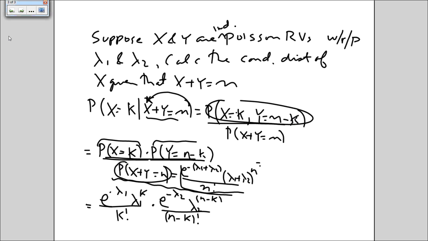But instead of dividing by that, I'll multiply by the reciprocal.